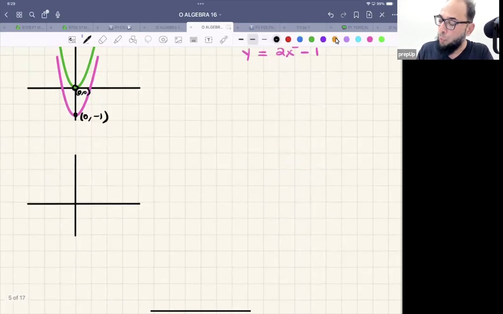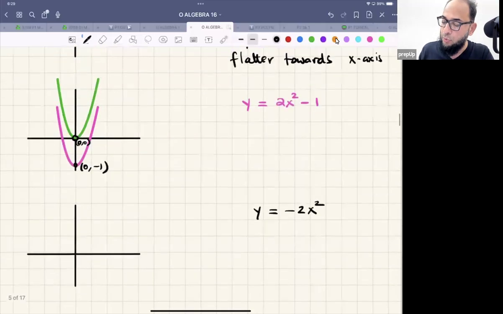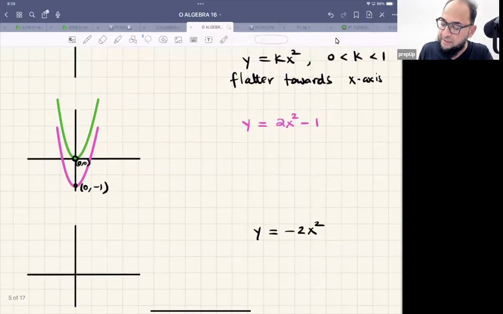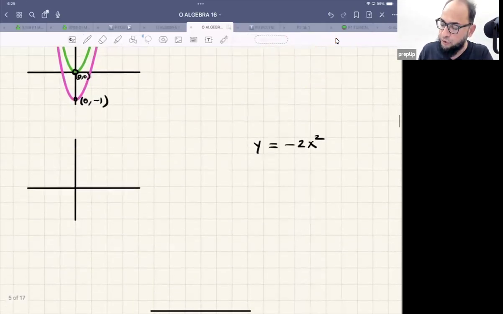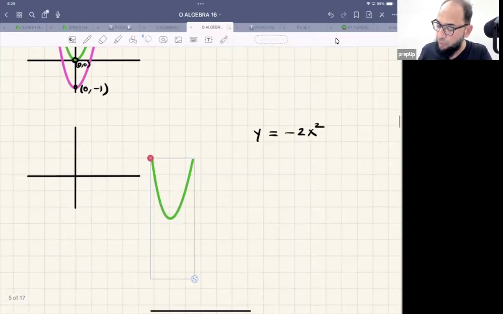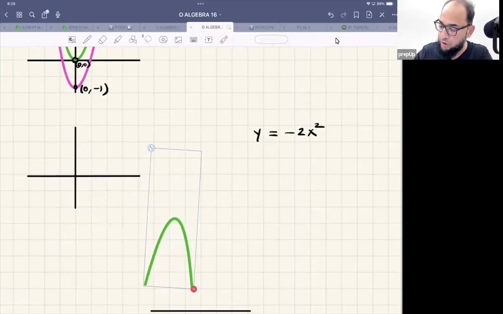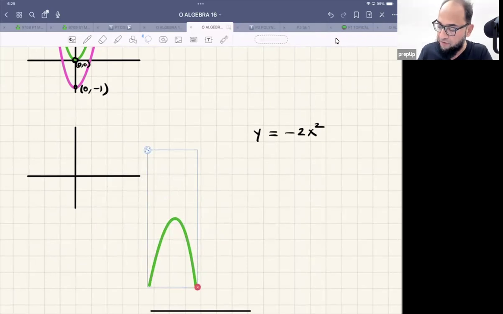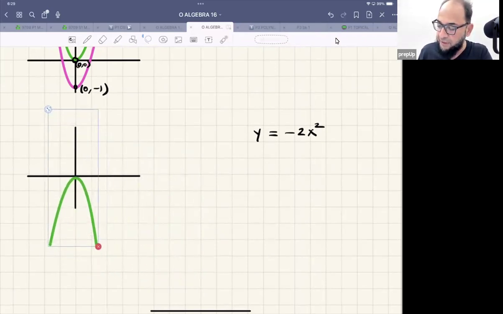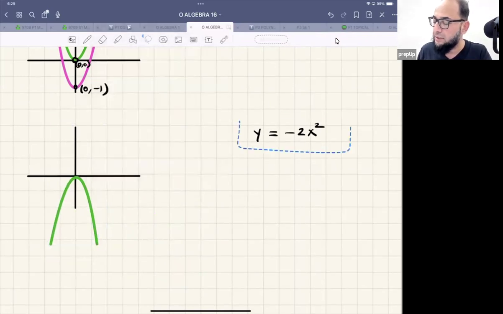Something like y is equals to negative 2x square. That is the green one. Let me just shift it all the way up. Did you see what I've done? I have flipped it around. And now this green one is y is equals to negative 2x square.